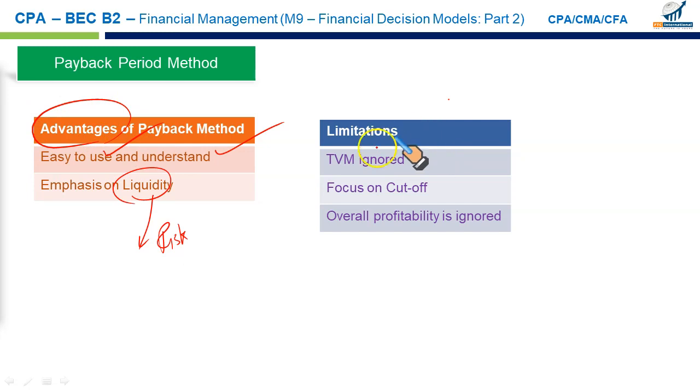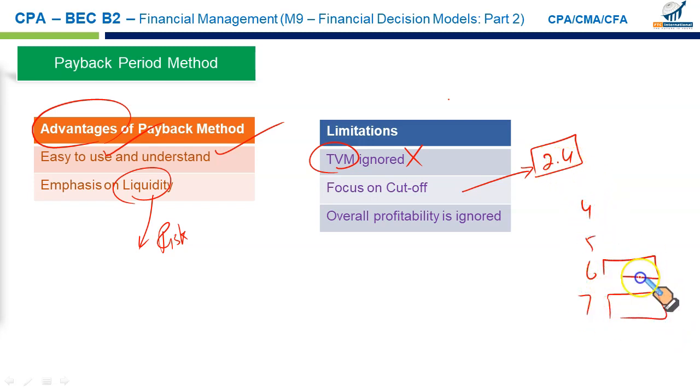What are the limitations? This is the biggest limitation: it ignores the time value of money. It totally ignores the cash flow received in year 1 or the cash flow received at the end of year 10. TVM is totally ignored. It focuses only on the cutoff, meaning I need to recover my initial investment within 3 years. What about year 4, 5, 6, 7?